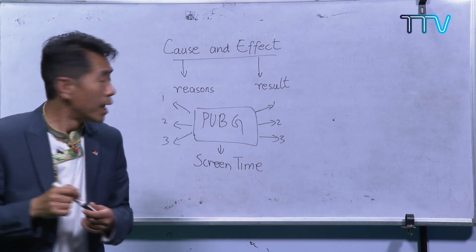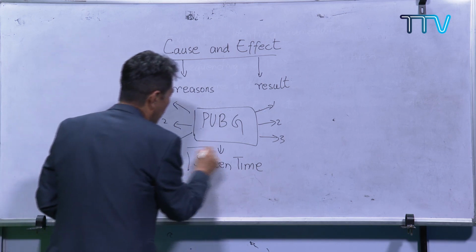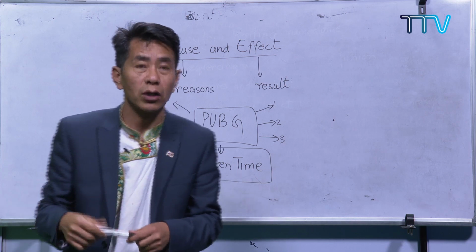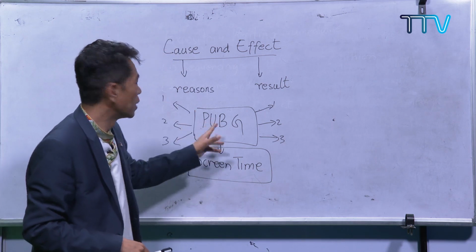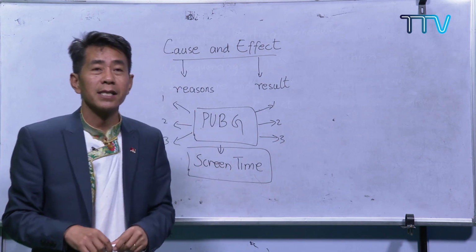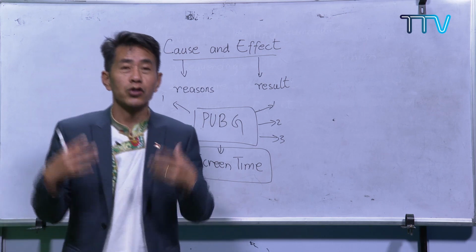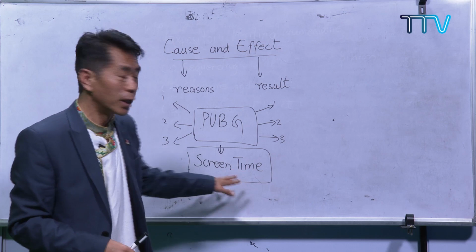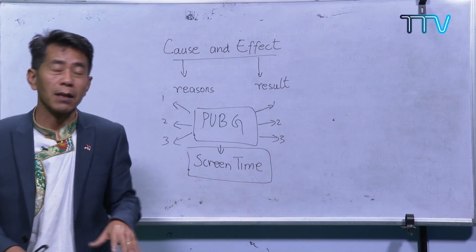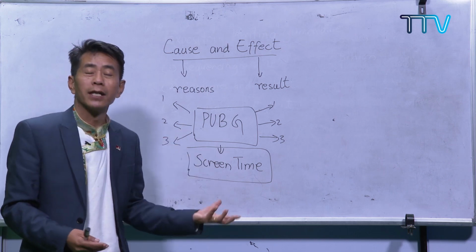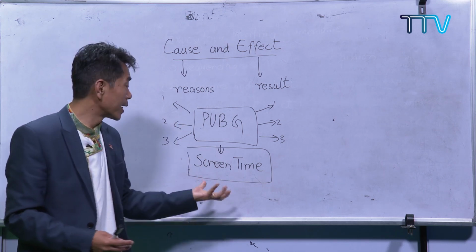Since I'm talking about screen time, because of this lockdown, apart from PUBG, screen time is the trending word, the most talked about word among parents or elders. Students and children are increasing their screen time.